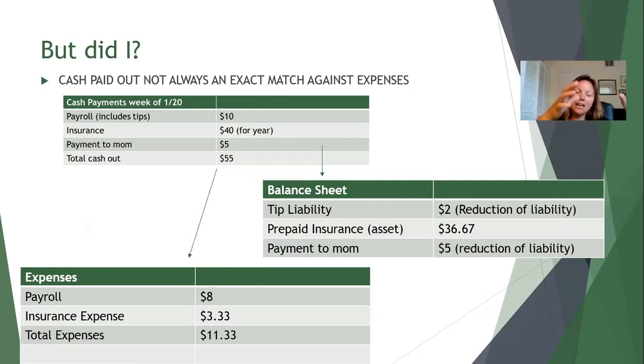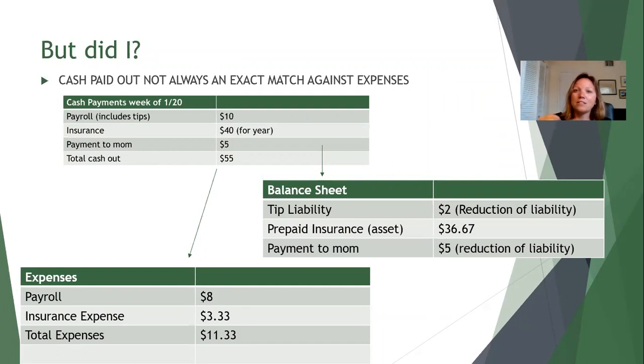You're collecting the tips and then you're paying them out, but it's not earned, so therefore it doesn't go onto your P&L as revenue, and it's not an expense because it's not part of operations, right? It's your employees' money that you're flowing through. So hopefully that makes a little more sense. But think of it, it has to be part of your operations as an expense, not just the go-between. Sales tax does the same thing.